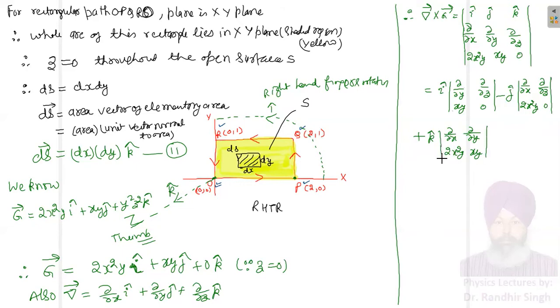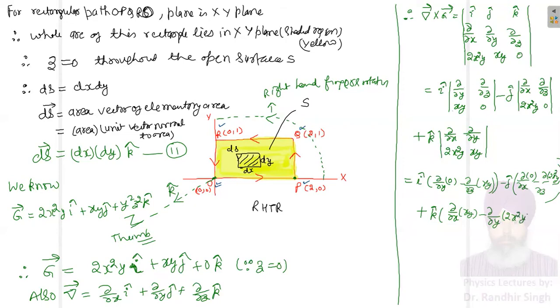So if I solve this, I will get i cap multiplied by partial y of 0 minus partial z of xy, then minus j cap times partial x of 0 minus partial z of 2x square y, and plus k cap times partial x of xy minus partial y of 2x square y.